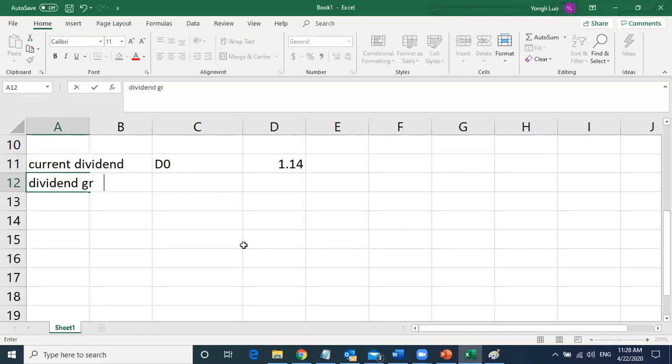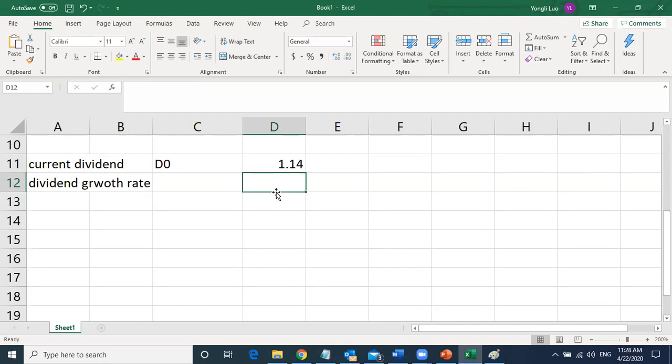This is the dividend growth rate, letter G in the formula.